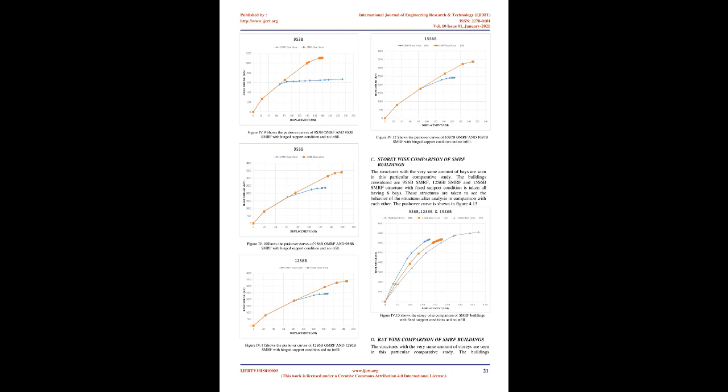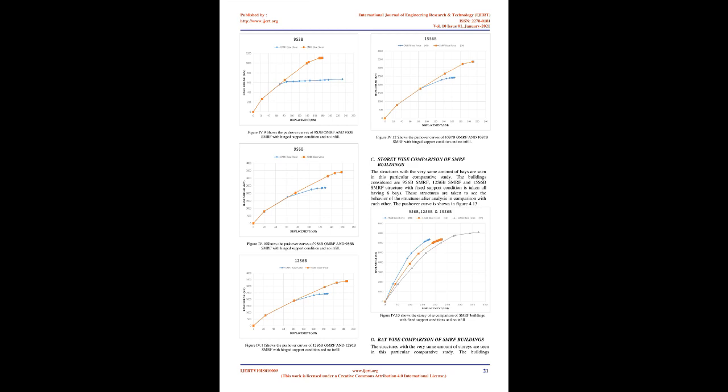The base shear versus roof displacement at each analysis step is obtained. The pushover curves are furnished in each case. Figure 4.7 shows pushover curves of 3S3B bare frames designed as both OMRF and SMRF, with hinged support conditions. At first the base shear increases linearly with the roof displacement. After attaining a certain base shear the structure yields.